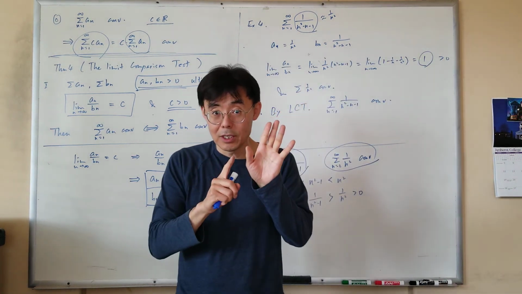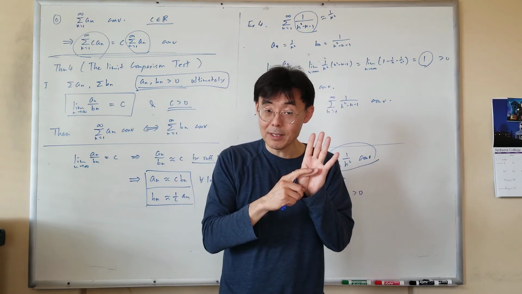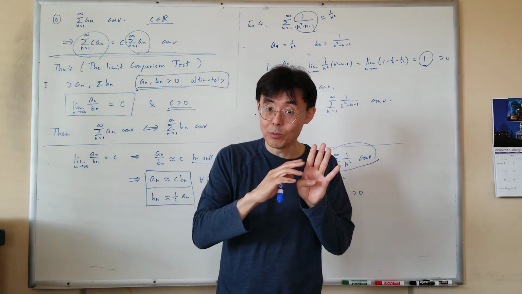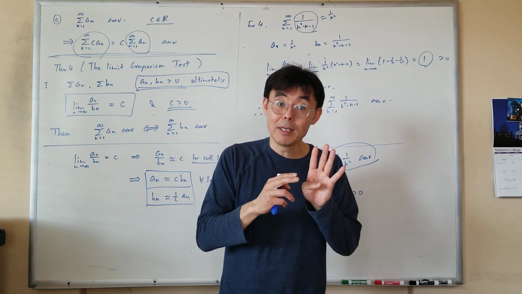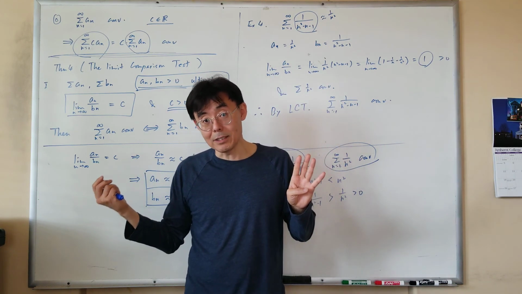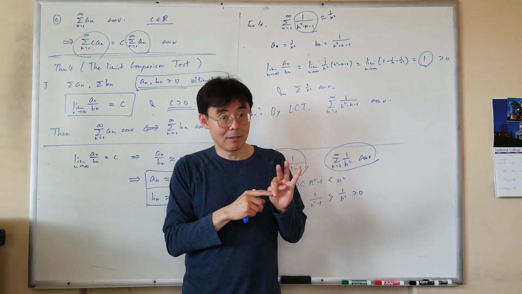First, we learned about the integral test, right? And we use it to prove convergence or divergence. And then by combining that one with the P test of the improper integral, we got the P series test, right?